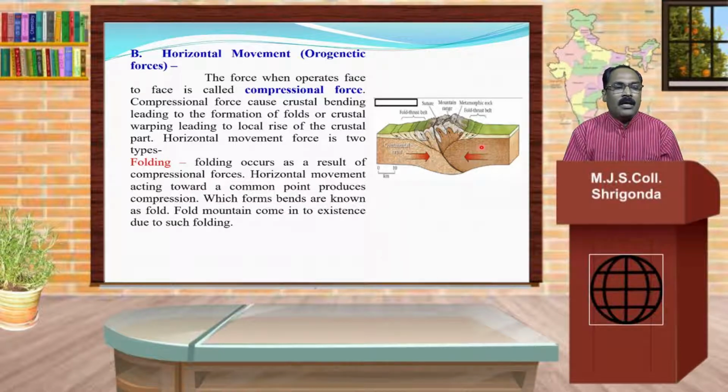Horizontal movements acting towards the common point produce compression, which forms bending, known as folds. Fold mountains come into existence due to such foldings.